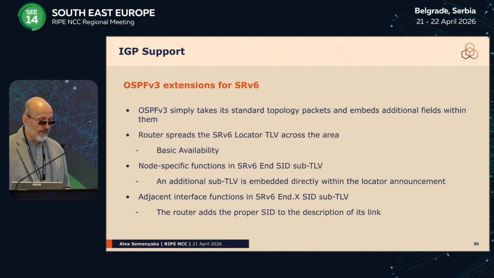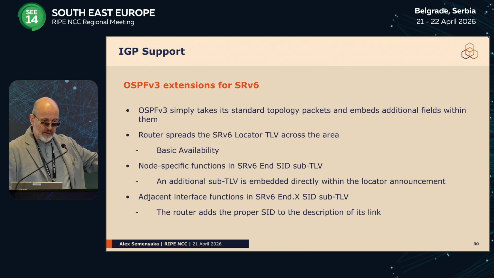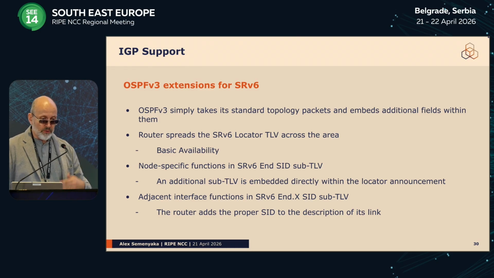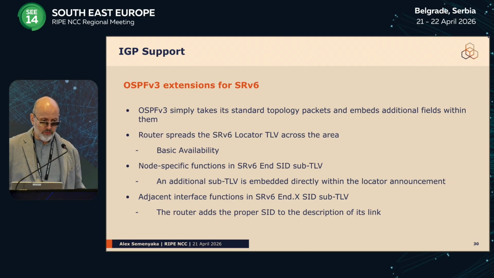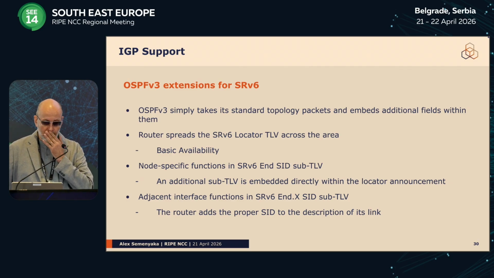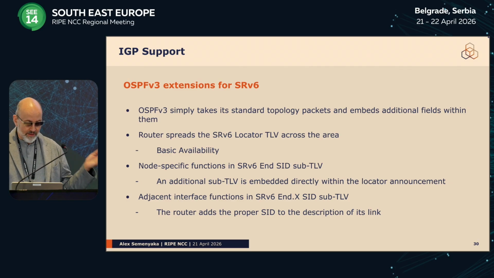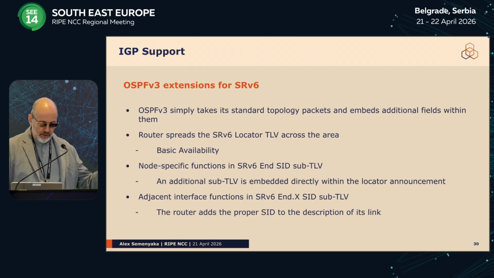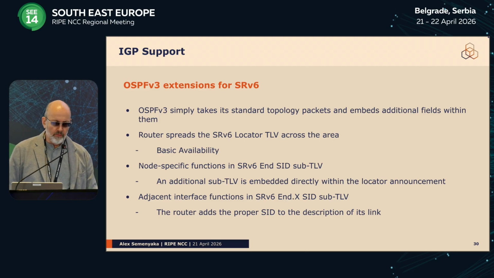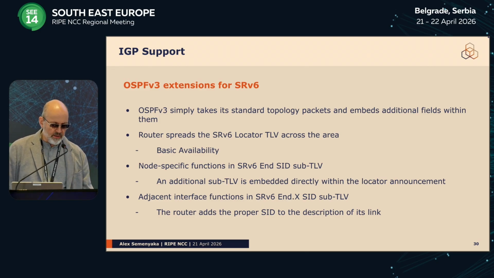And that's it. That's simple. We have all these things inside IGP. We are just adding names to them and nothing more. So now, with this, you can start using dynamic segment routing if you are using OSPF version 3 with segment routing extensions.